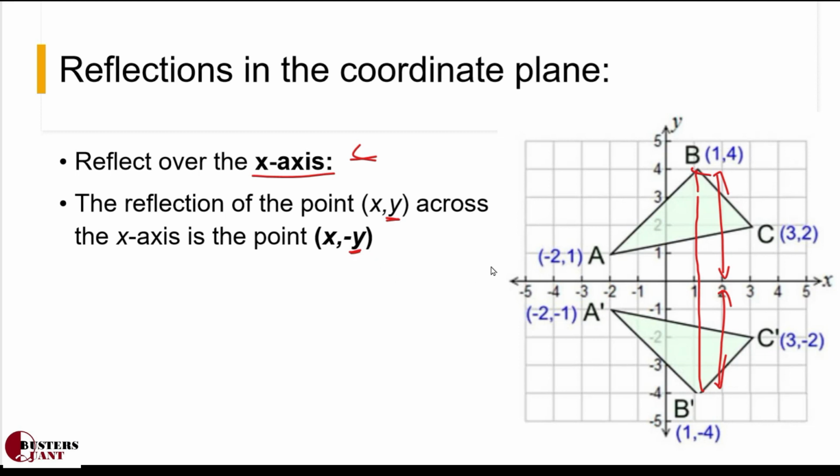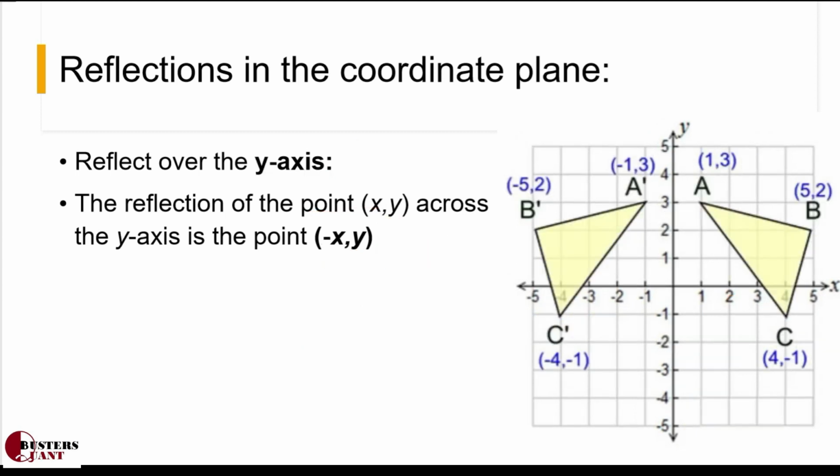The x coordinate will be the same, 1 comma 4 and 1 comma minus 4, and the y coordinate will be the negative of the first coordinate. For example, if I need to find the image of this point, minus 2 comma minus 1 is the original point. The image x coordinate will be the same, minus 2, and for the y coordinate we change the sign of the y coordinate 1. Just change the y coordinate sign.